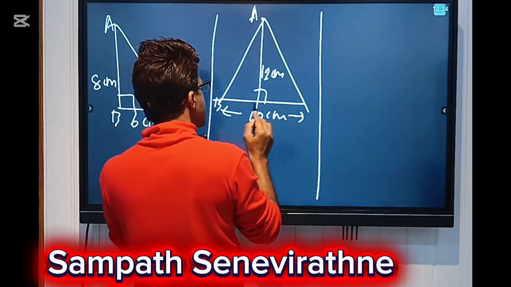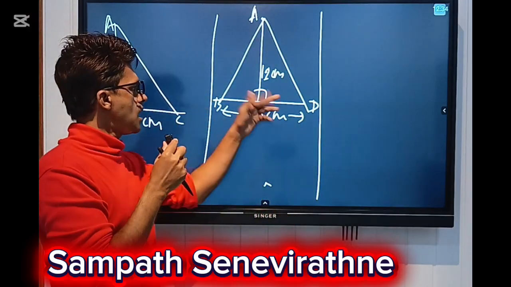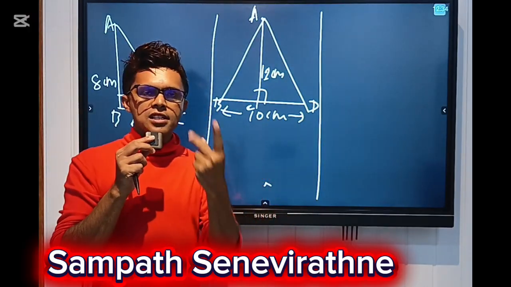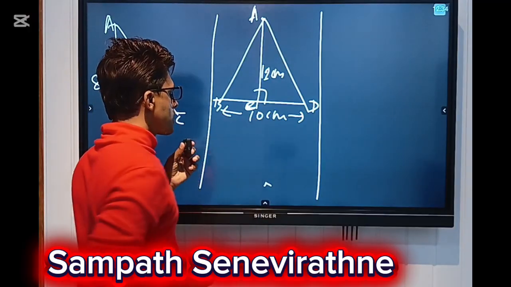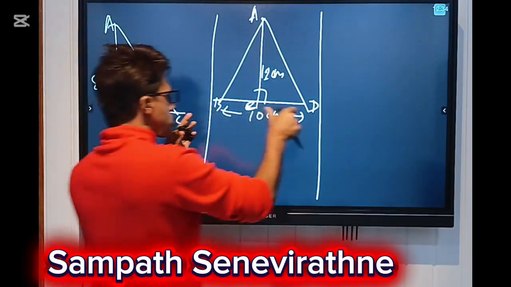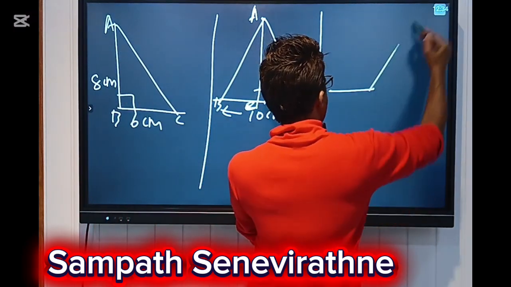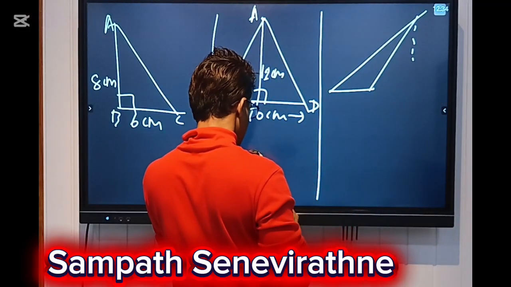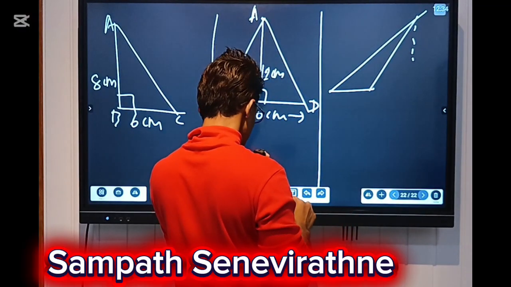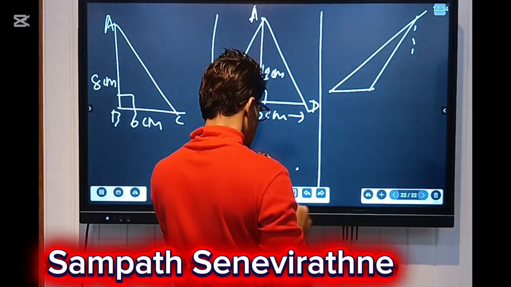A, B, C, and D. There are two triangles here, and the areas of these two triangles can be taken at once, considering this base and this perpendicular height. This is the most vital part of finding the area of a triangle, which students in grade 8 should know.